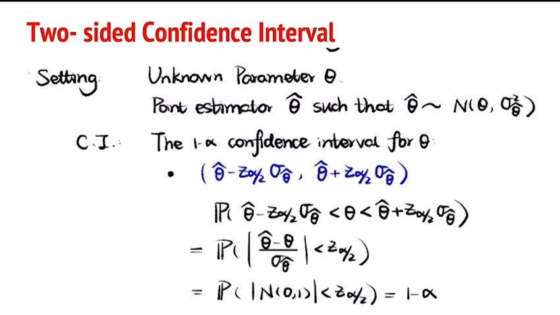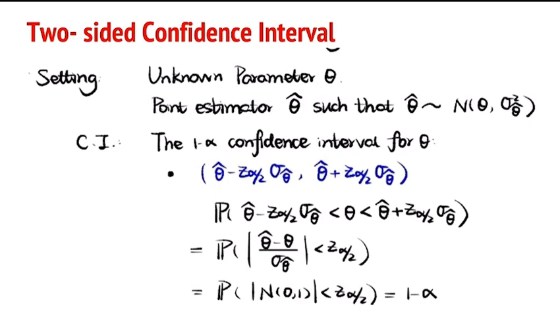So with the two-sided confidence interval, of course, we have an unknown parameter. The whole thing starts with us trying to figure out the value of the unknown parameter.